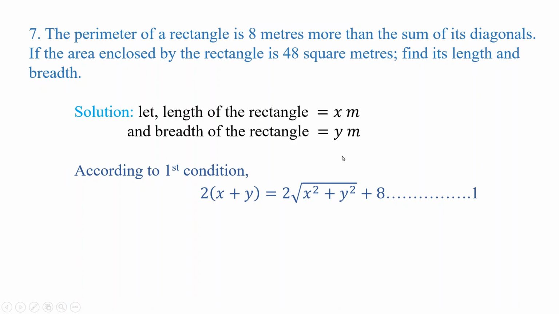We know in a rectangle there are two diagonals and one diagonal is square root of x square plus y square. Therefore, two diagonals is 2 into square root of x square plus y square. And perimeter is 8 meters more than the sum of the diagonals. Therefore, perimeter is equal to 2 square root of x square plus y square plus 8. And mark this equation as 1.